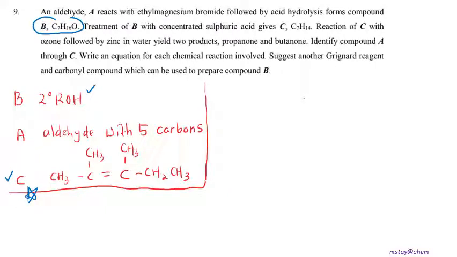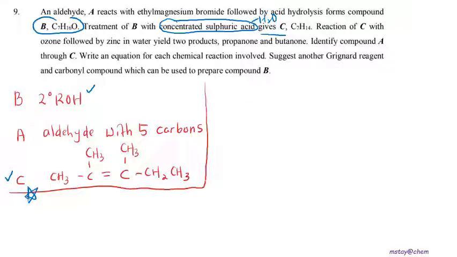Because B is an alcohol, it removes water by dehydration to produce C. So for the structure B, we have to add on the H and OH at the alkene.